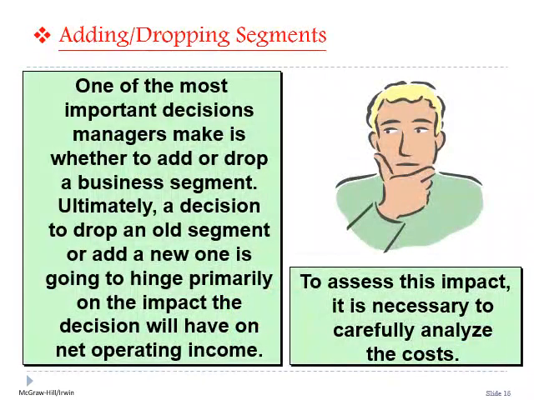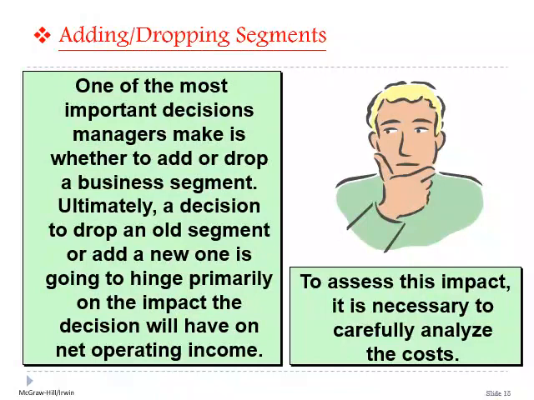Let us start with the first decision, which is adding or dropping segments. This is one of the most important decisions managers make: whether to add or drop a business segment.